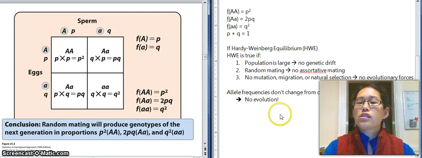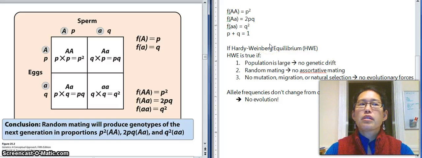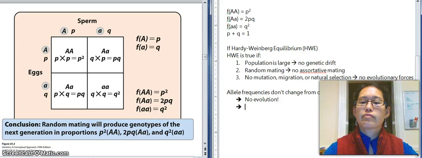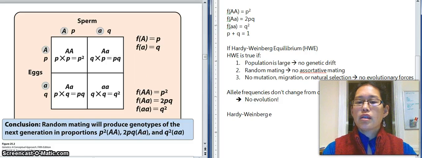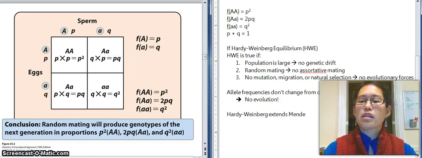All right, so where do these come from? Hardy-Weinberg is an extension of Mendelian laws to a population. It extends Mendelian laws to a population level.